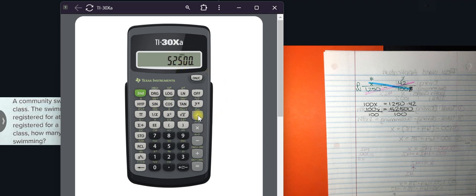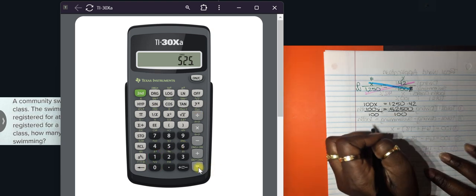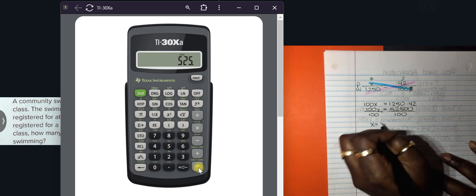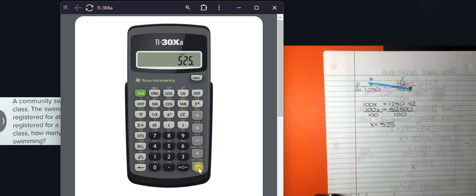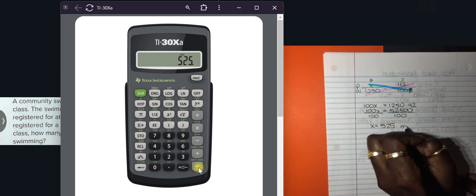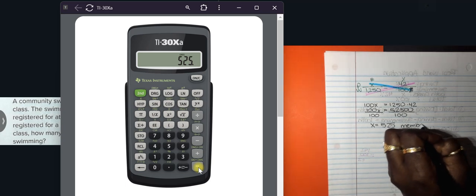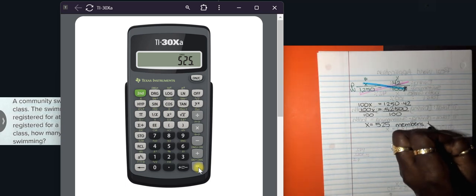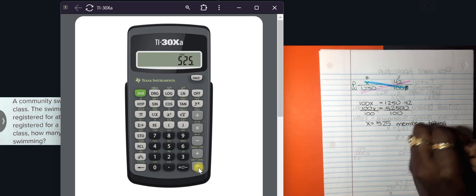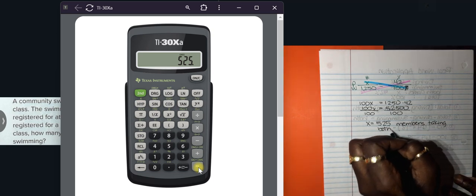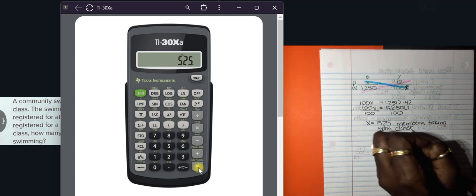But if you don't believe me, you can just hit divide by 100. And there you go. So X is equal to 525. So what's our answer? We have 525 members that are taking both classes. And you are all done.